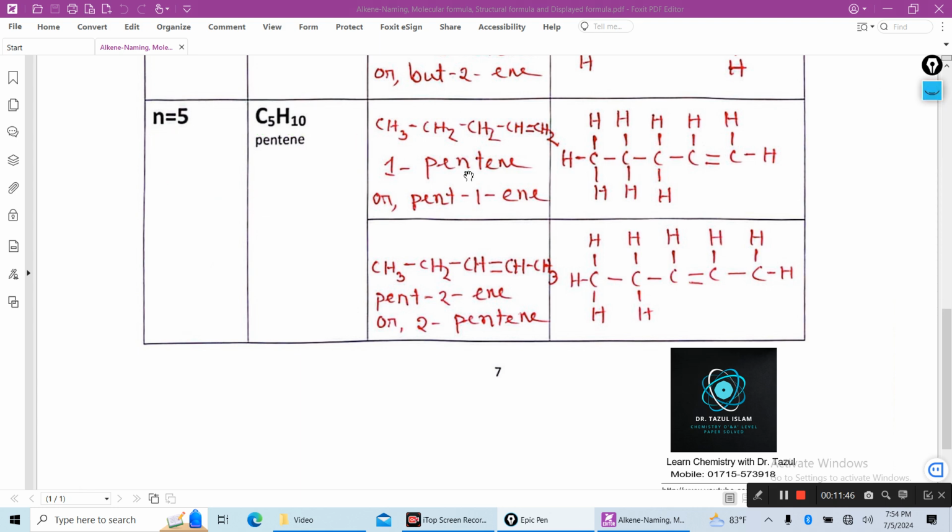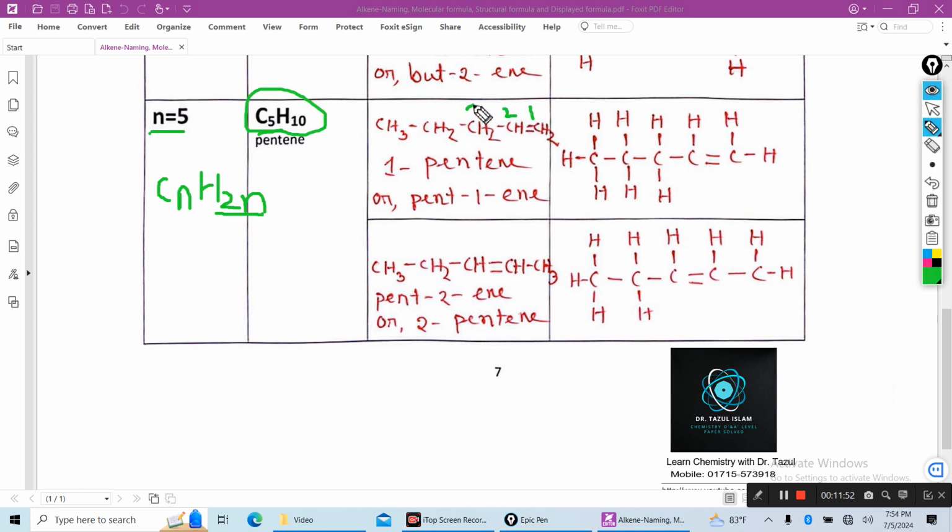Now you see, this is carbons 1, 2, 3, 4, 5.